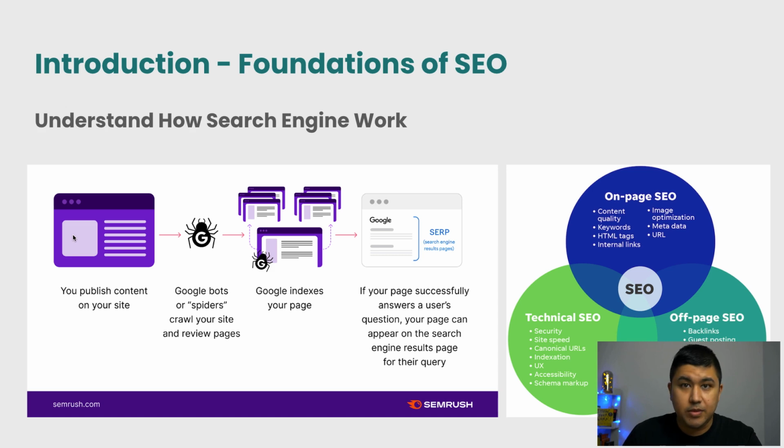Whenever you publish content on your website, there are usually crawlers that go to your website and review pages, review the links, review everything. These crawlers then, after going through, give the signal to the search engine, and the search engine decides whether to index it.